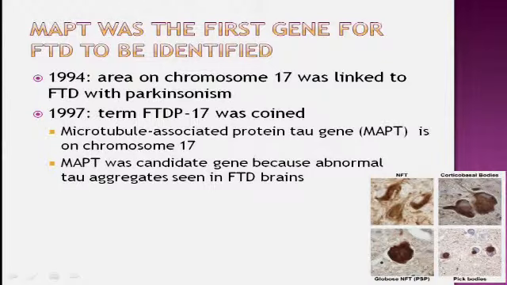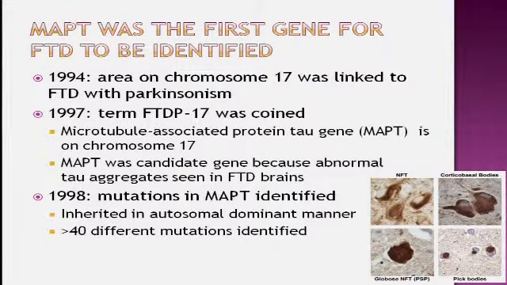In 1997, the term FTDP-17 was coined because MAPT, or tau, is on chromosome 17, and therefore tau was a candidate gene, because when pathology was looked at from these cases of FTD, they found aggregates that were composed of tau.